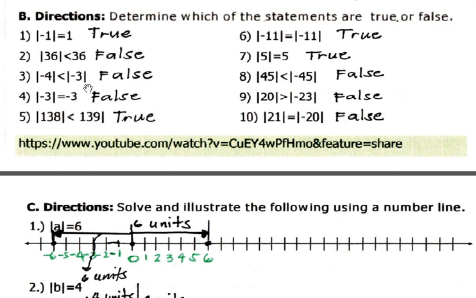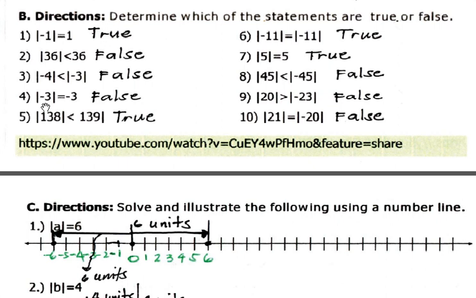It should be equal to 36, not less than itself. Number 3 is also false. Why false? Absolute value of -4 is 4, and absolute value of -3 is 3. So 4 must be greater than 3. In this case, it's less than, so it is a false statement.